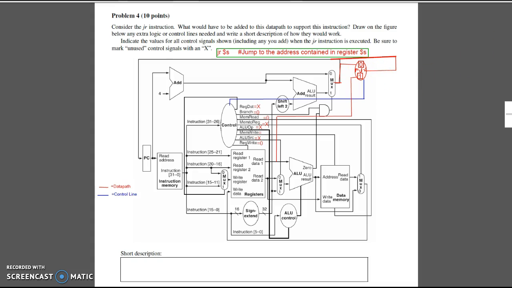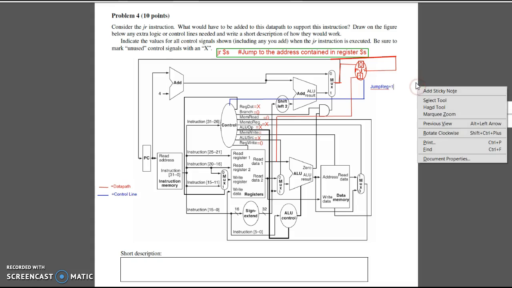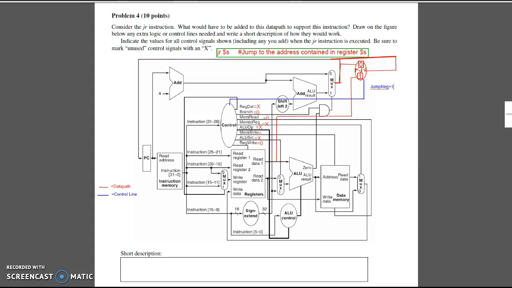With that being said, this control signal, let's call it jump reg. And since our input coming out from read data 1 is attached to the 1, we have to set it to 1 in order to complete this instruction.